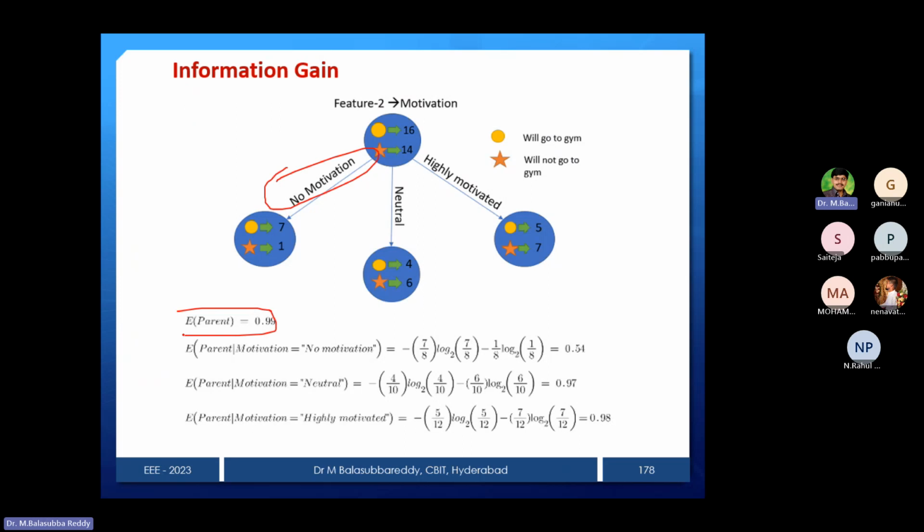The parent is again the same: 16 by 30 log 16 by 30 minus 14 by 30 log 14 by 30, which gives 0.99. For each of no motivation, neutral and high motivation, we will calculate the entropy.